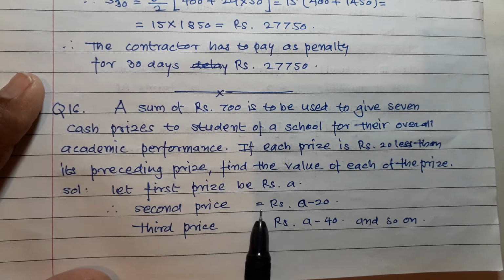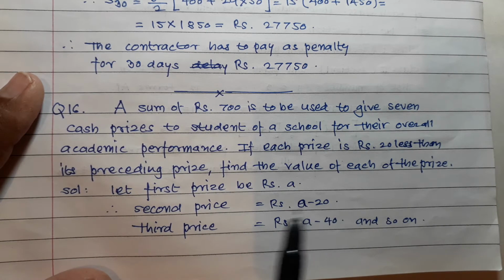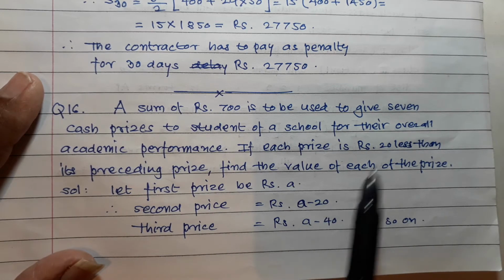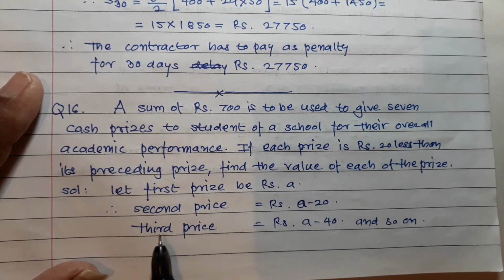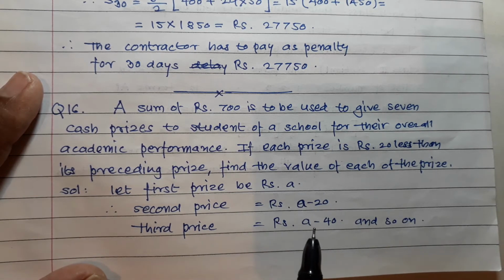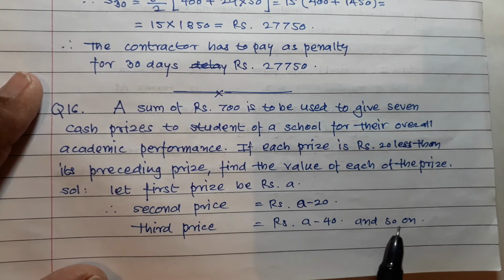The second prize is rupees a minus 20 because the condition is given, the third prize is rupees a minus 40, and so on.